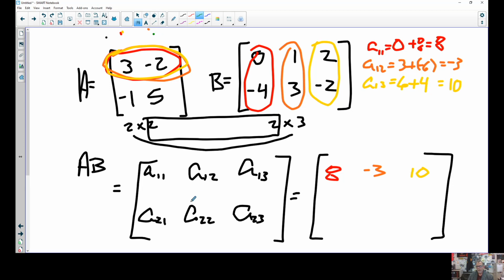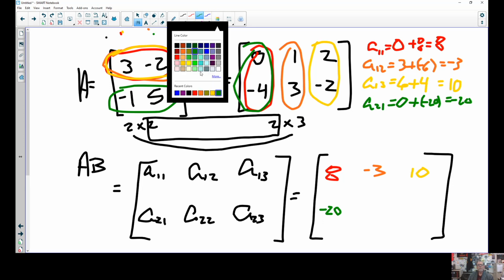We've got to do A21. A21 is second row, first column, and that's -1 times 0, or 0, plus 5 times -4, that's -20. So -20 is our A21.